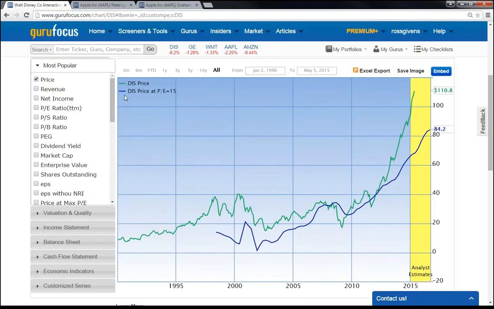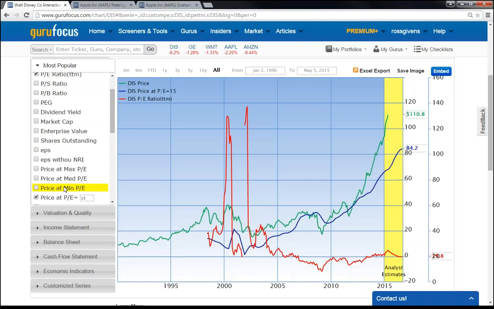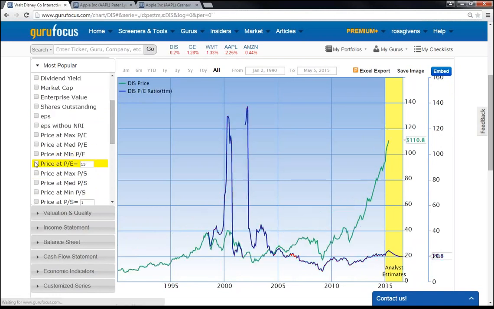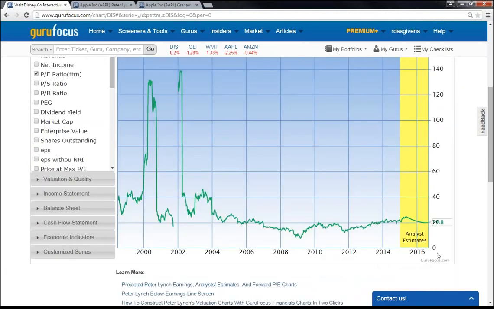You don't have to do it at 15 times earnings. I mean, look at a stock like Disney, for example. Here's an easy way to do it. We'll look at their PE ratio. And let's just focus on the last decade, right?